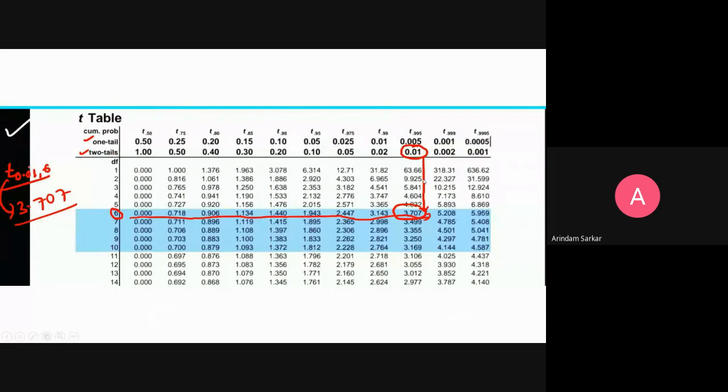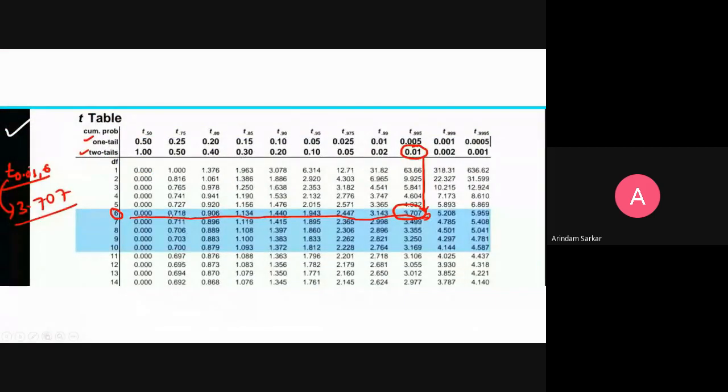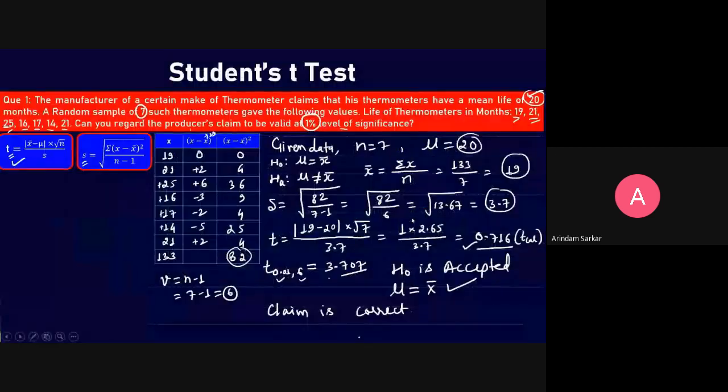Okay, so look at here. At 0.01 significance, this is 6 nu. What is the meaning of nu? Nu means n minus 1, number of samples minus 1, right? This is 6. So from this t table, I'm getting 6 here and 0.01 from here, and the intersection point is 3.707, right?